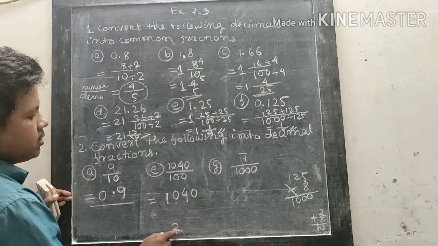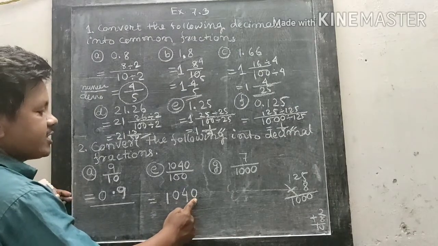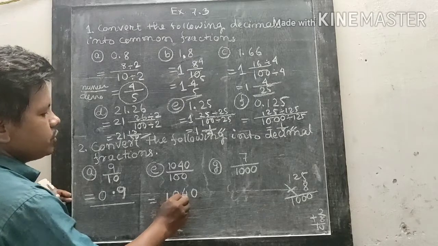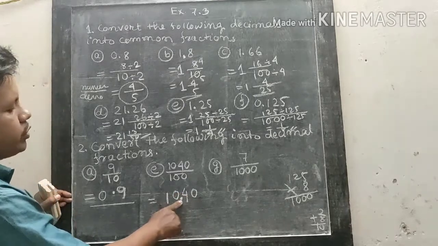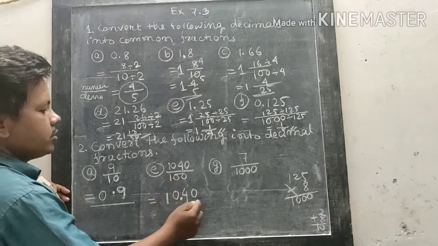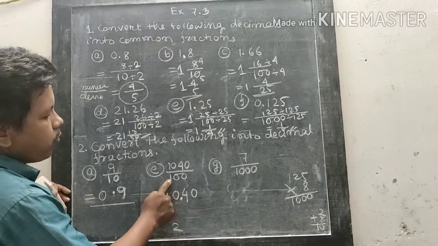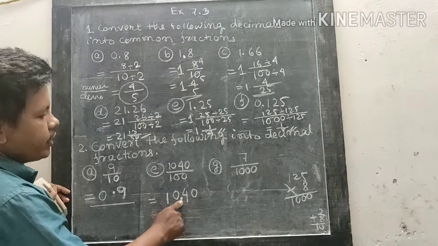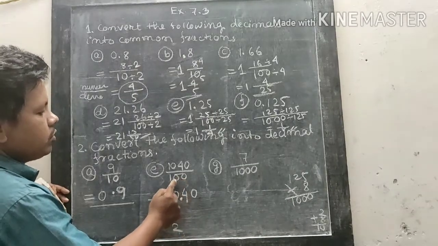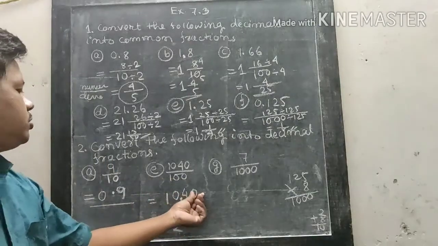As the number of zeros is 2, we count from the extreme right 1, 2. After 2 numbers we shall put the point.